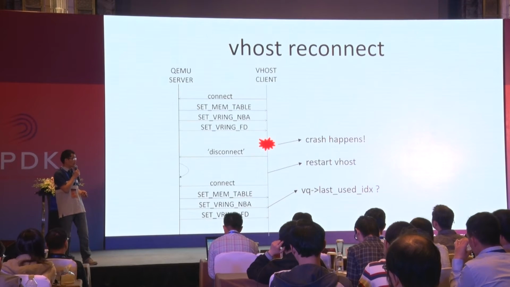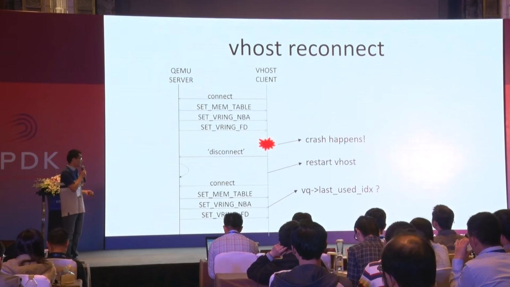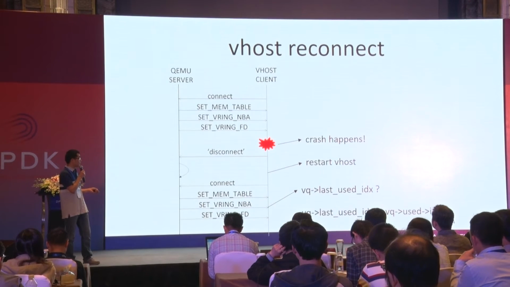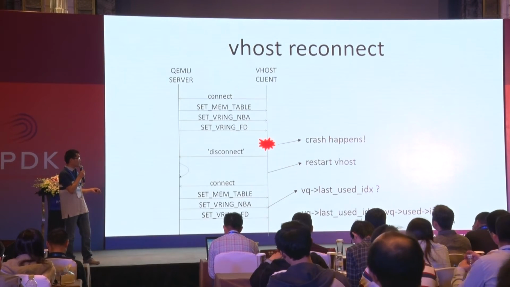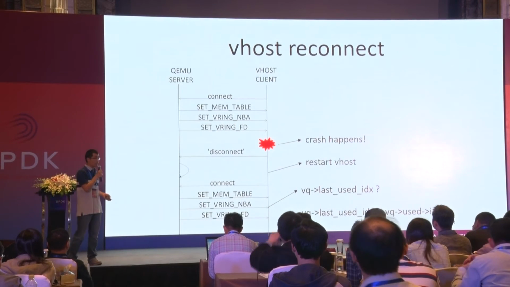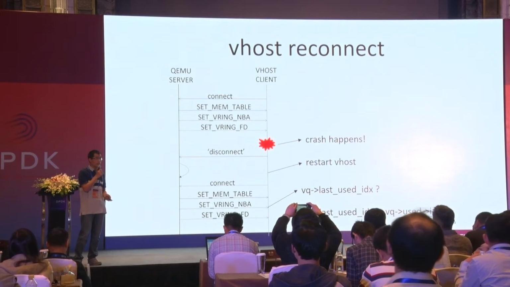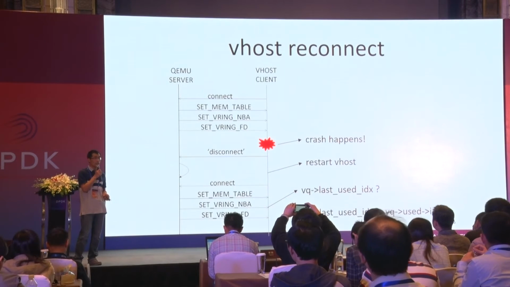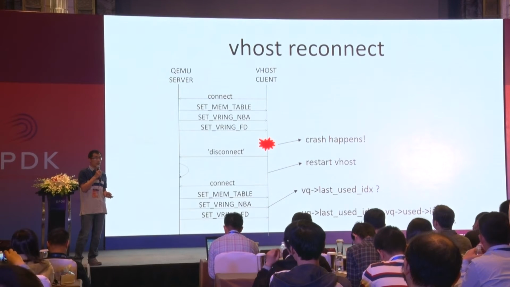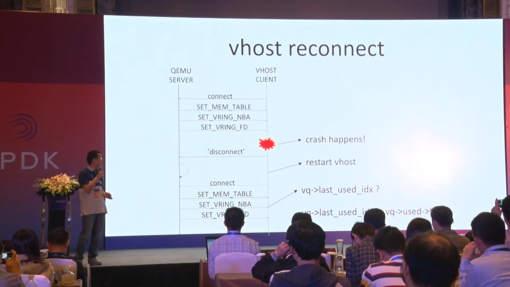We have analyzed the update status of the vring, and we have a solution. For the last used index, we can have it updated and restored as the index like this. This can perfectly be a good solution. For the Vhost send packets, some of the packets will be resent, but that is no big issue.